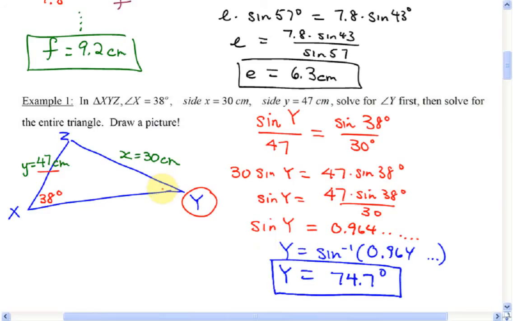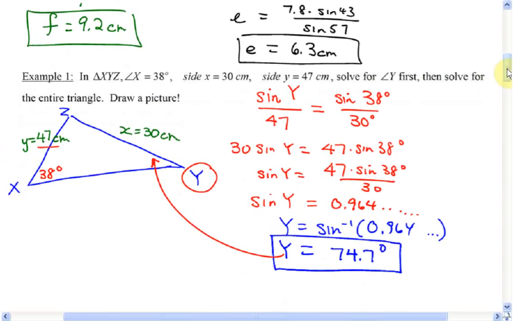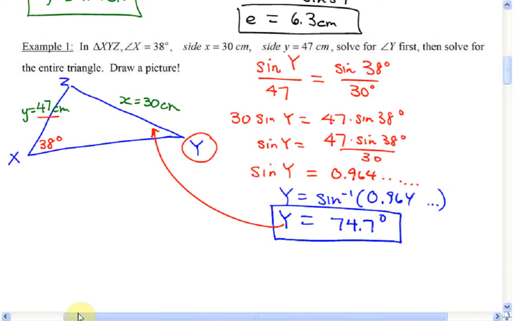So now, can you figure out the rest? It says solve for the entire triangle. So what else am I missing? I'm missing angle z, and I'm missing this side xy. So can you continue on and go ahead and solve for angle z? I'll say angle z is equal to 180, take away 38, take away 74.7.